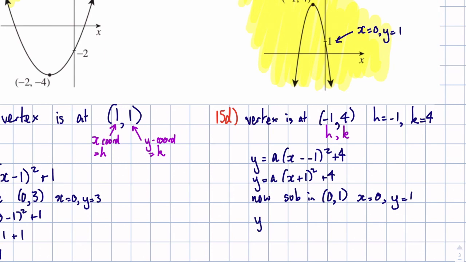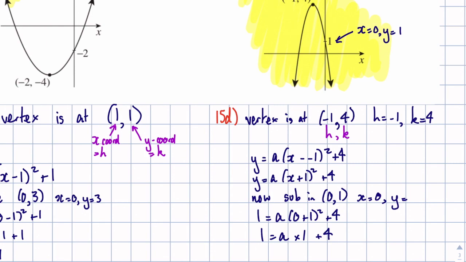We have 1 equals a times 0 plus 1 squared plus 4, which means 0 plus 1 is 1, squared is 1, a times 1, plus 4.